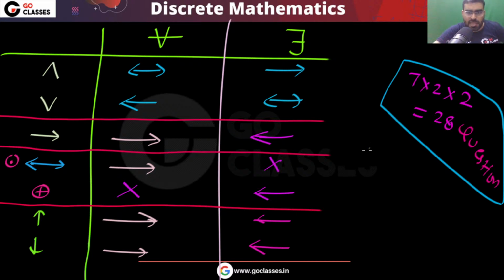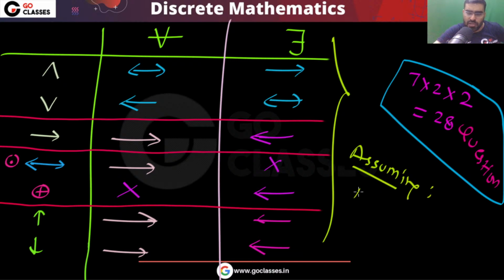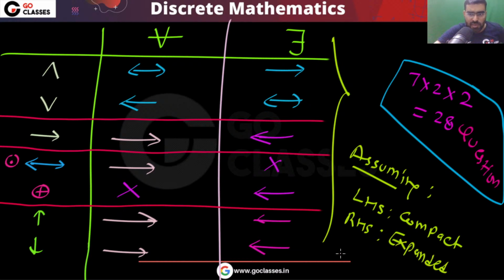Remember, in this table, my assumption is that LHS is the compact side, and RHS is the expanded side. So this means compact to expanded. This means expanded to compact.